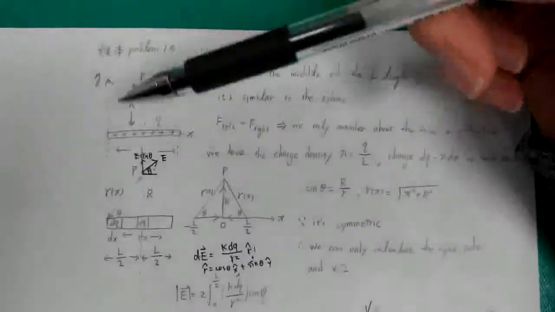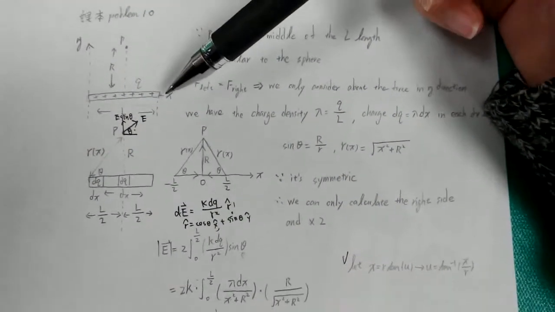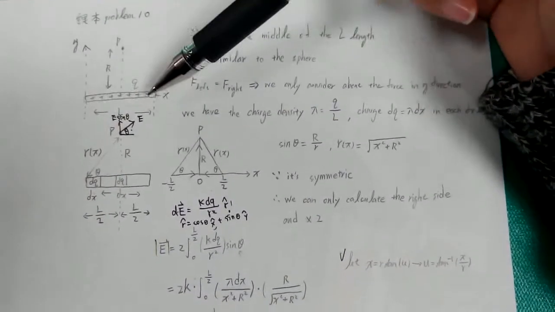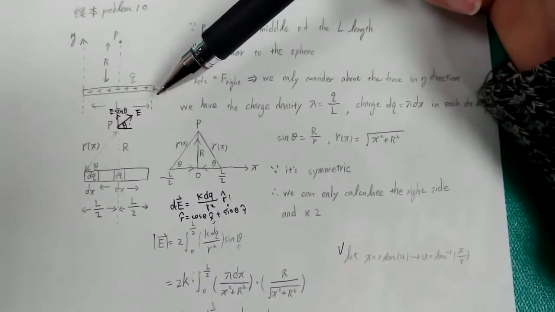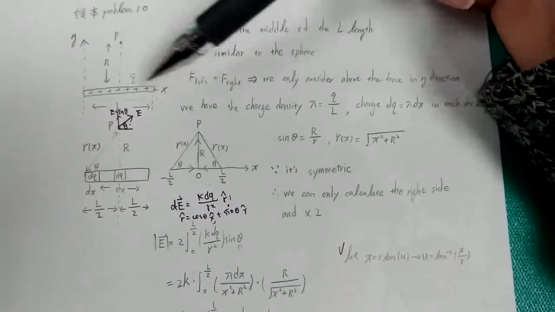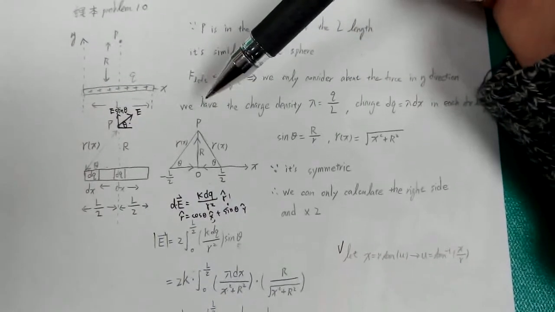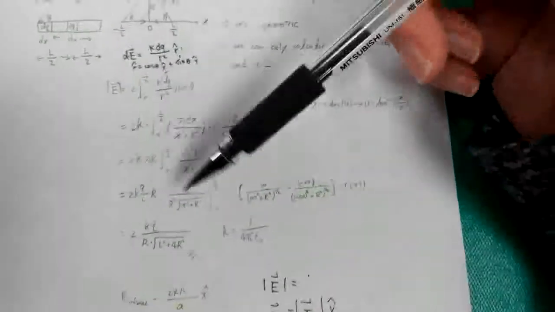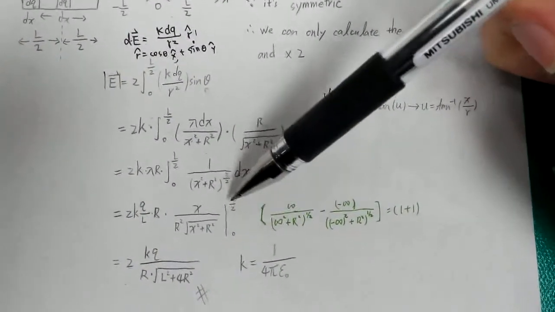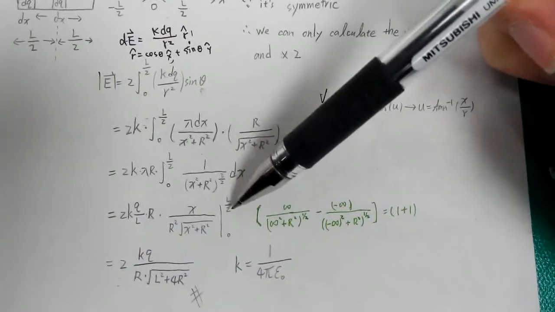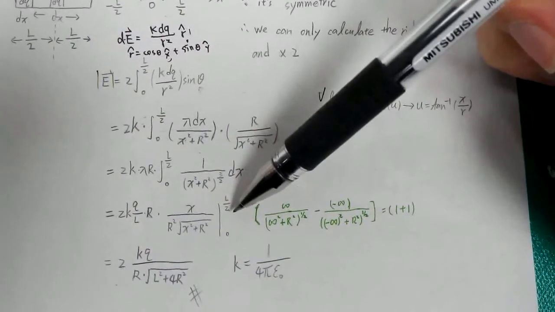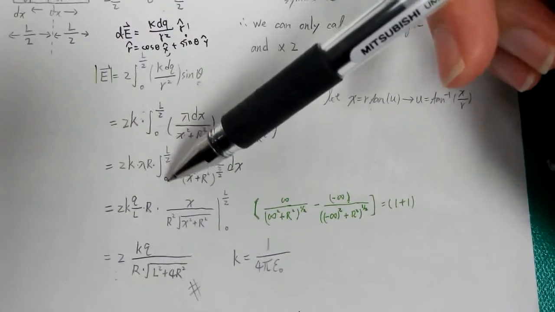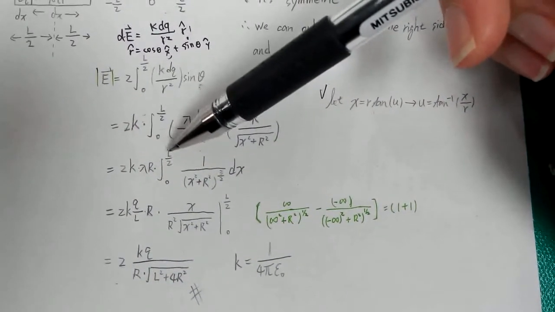And another thing I just want to talk about: try to think if this line is extended to infinity, then we don't integrate from 0 to half of the length, we will integrate from negative infinity to infinity, right?